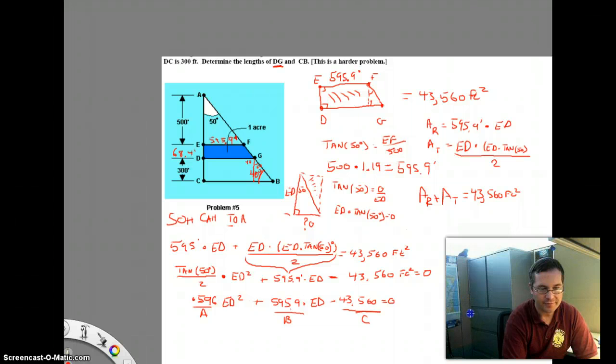So 81.5 feet equals the opposite side. And then what is the length of DG? Well, DG is the sum, 595.9 plus 81.5. So we'll just add those up on the calculator.